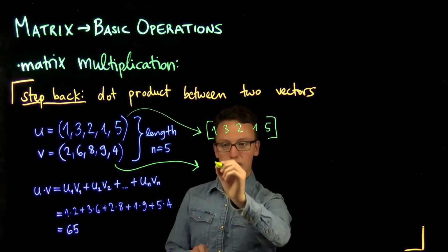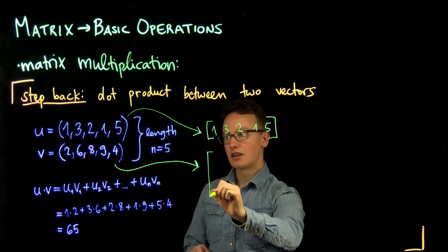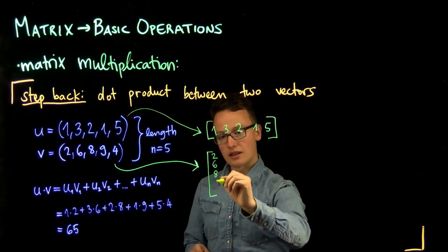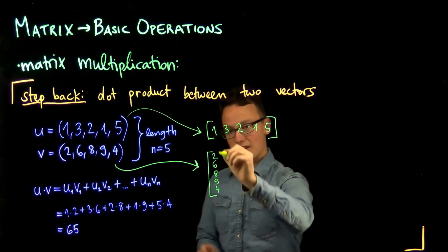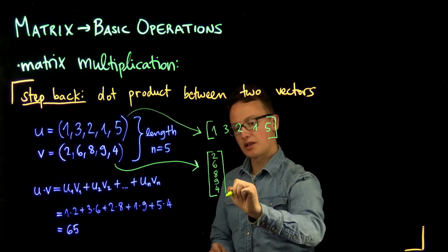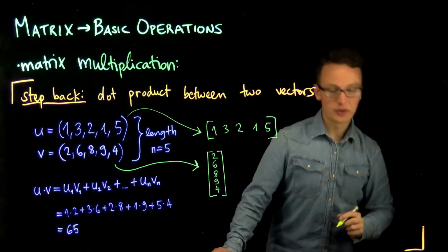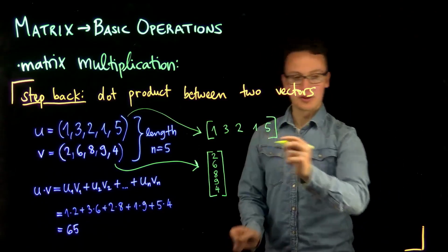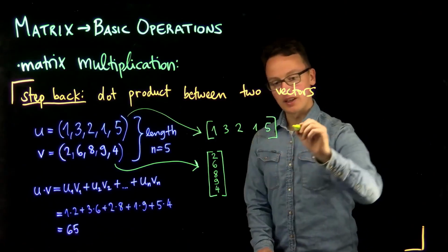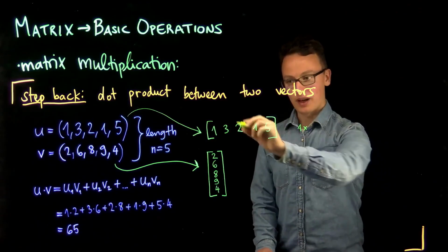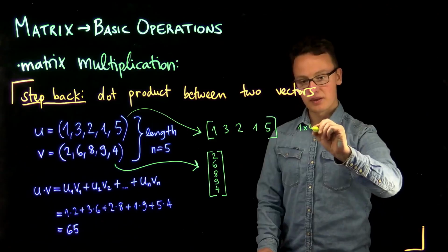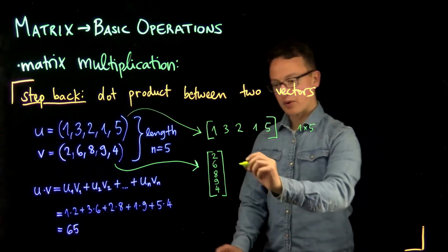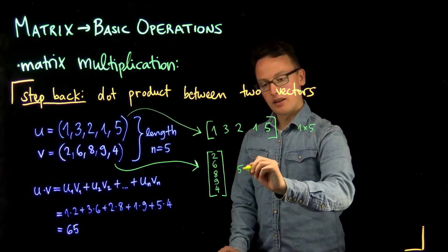Namely, we're going to transform it into the matrix 2, 6, 8, 9, 4, but expressed in a single column, not a single row, okay? So here we have, as you can see, a matrix with 1 row and 5 columns, 1, 2, 3, 4, 5. But here we have a matrix with actually 5 rows, but only 1 column, okay?